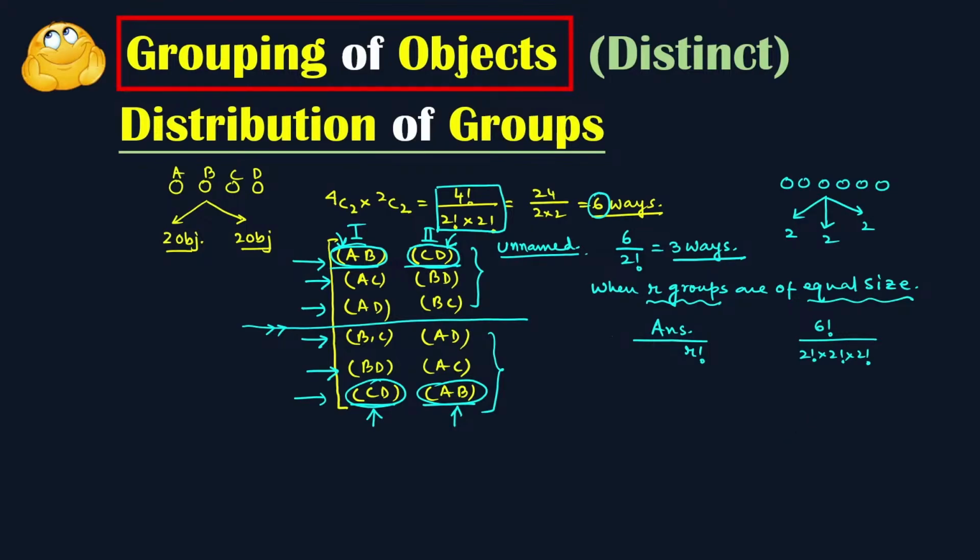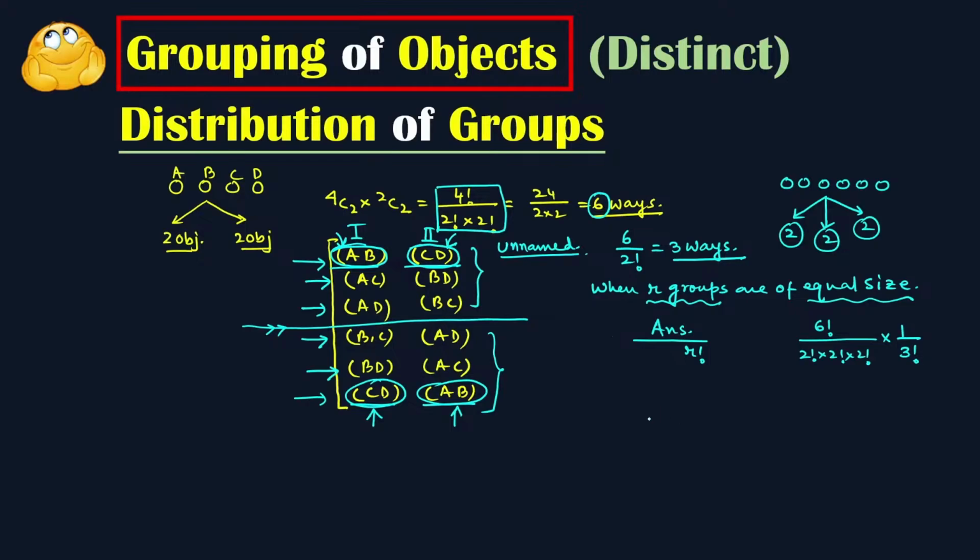They were different. But in this case, since the 3 groups are of equal size, all I will do is divide the thing by factorial 3. That's it. If there are R groups of equal size, then we will divide it by factorial R. Is this concept clear or not?